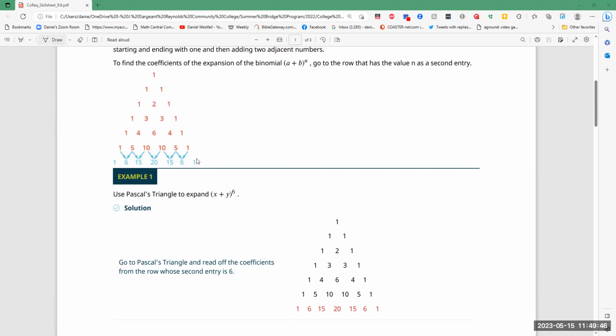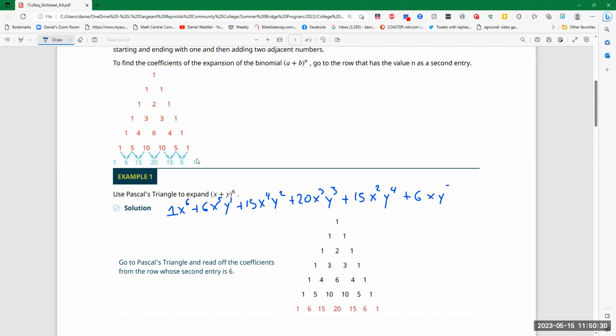We should be able to write this now as 1x to the 6th plus 6x to the 5th, y to the 1st plus 15x to the 4th, y to the 2nd plus 20x to the 3rd, y to the 3rd, plus 15x to the 2nd, y to the 4th, plus 6xy to the 5th plus 1y to the 6th.